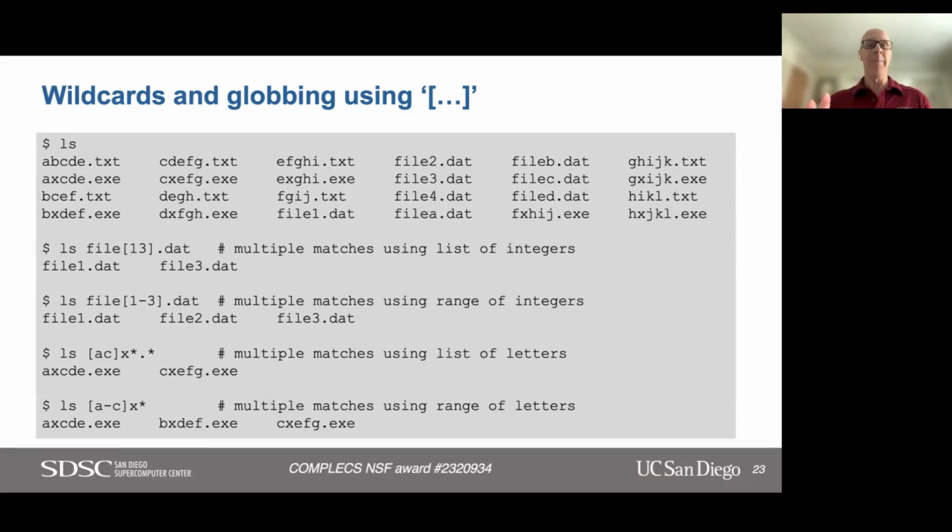Now notice in the next example, if we use a dash between those numbers, now we're specifying a range of integers. So in this case, ls file and in square braces 1-3.dat. It lists file1.dat, file2.dat, and file3.dat. We could also do matches looking at a list of letters, here in square braces A,C, or we can look at ranges of letters, in this case A through C.